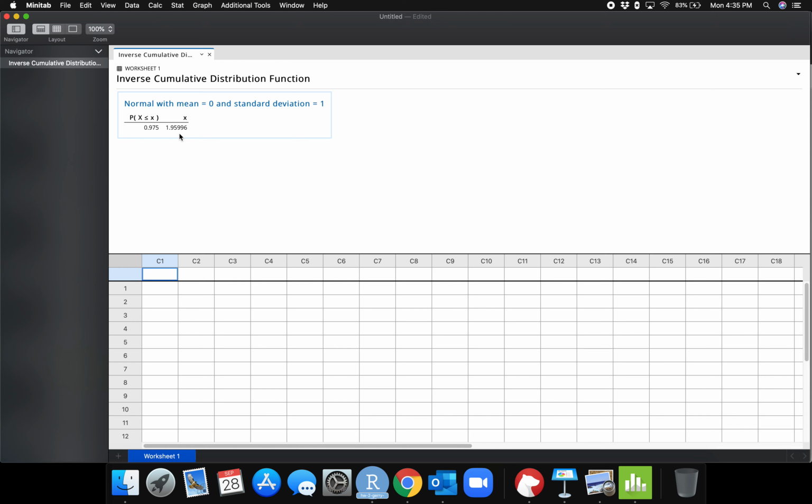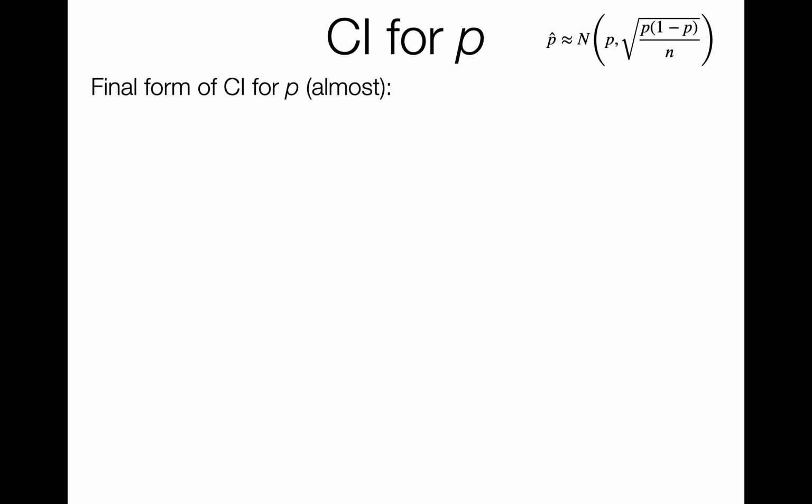Okay, so the common ones that we'll see are a 90%, a 95%, and a 99% confidence interval. We can find others, but those are the most popular ones. Okay, and so we will get those confidence levels for those during our practice. Okay, so let's go back to our slides here.